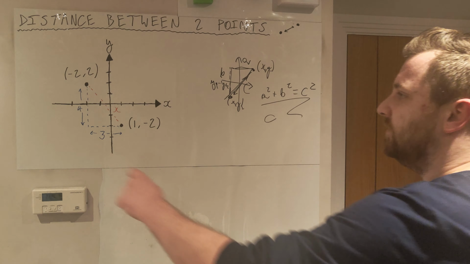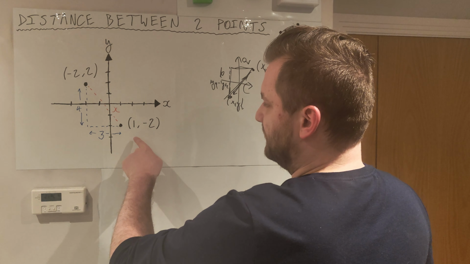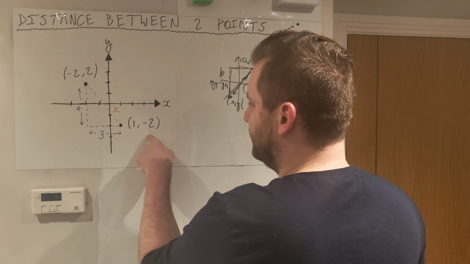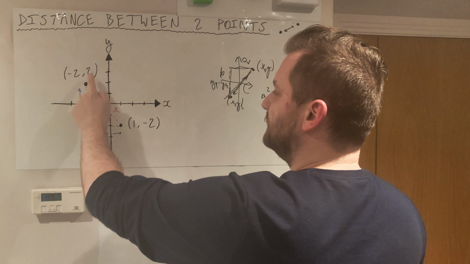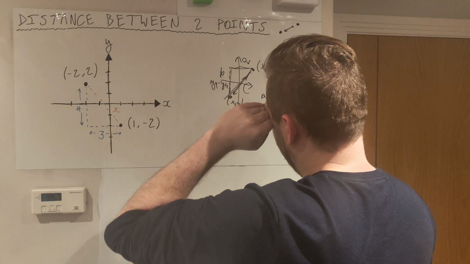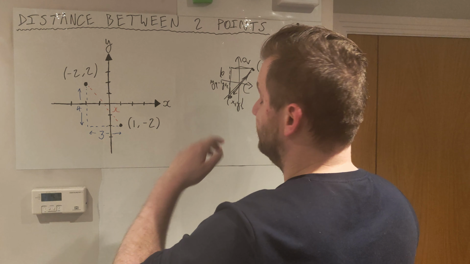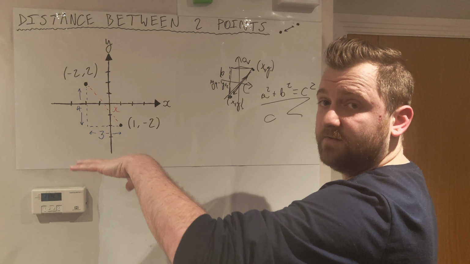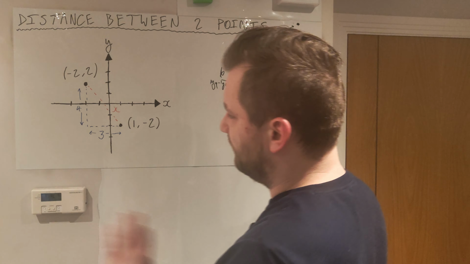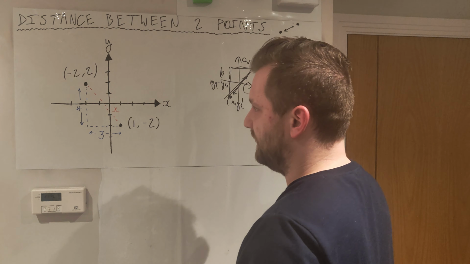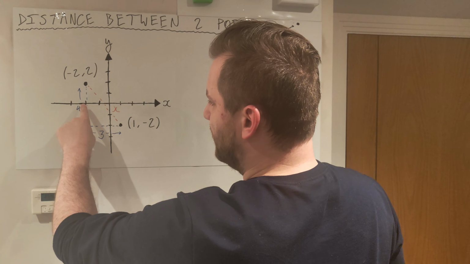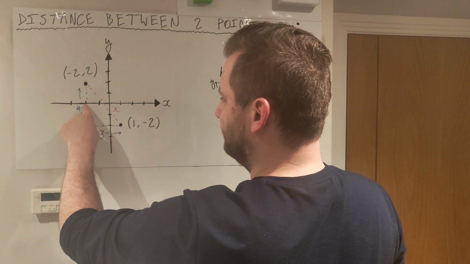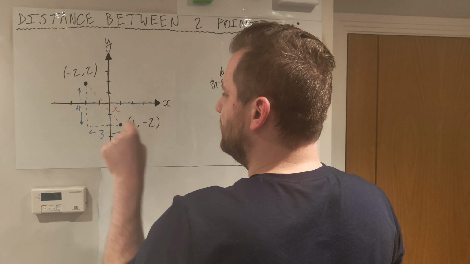So as I said before, xy graph, we have 2 points. We have 1, minus 2, so that's the x coordinate, that's the y coordinate, and we have minus 2, 2. If you want to do some maths, you could give this a go now. Look at these x coordinates. We're at minus 2, so we know it's here, and this one is 1.